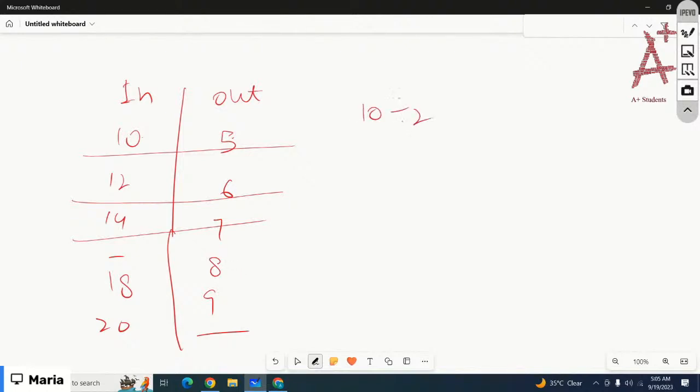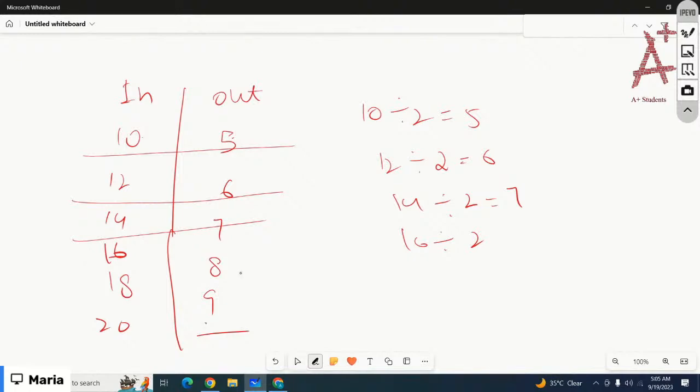You can see 10 divided by 2 equals 5, 12 divided by 2 equals 6. That means you have to divide each input value by 2 to get the output value. 14 divided by 2 is 7. Then here you have 16 divided by 2, so the missing number is 16, right?